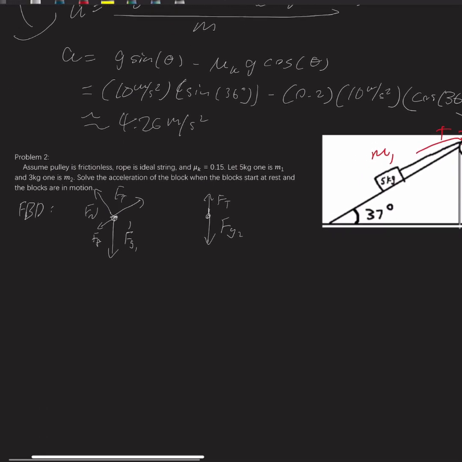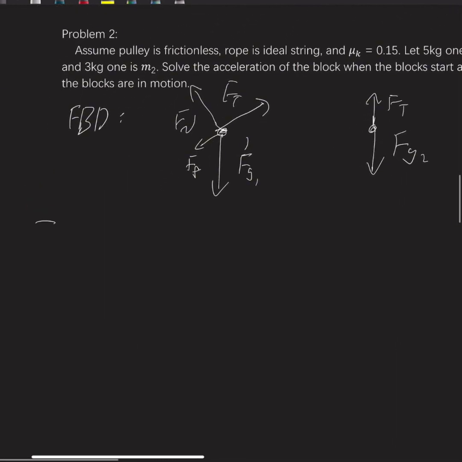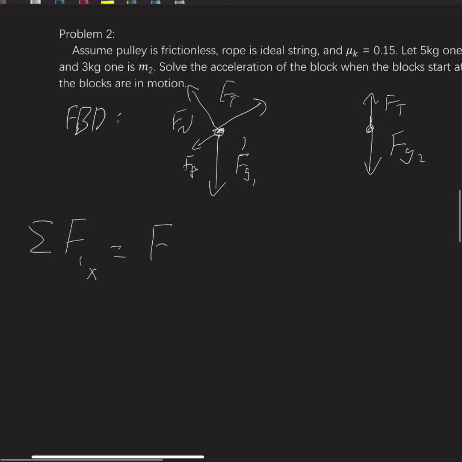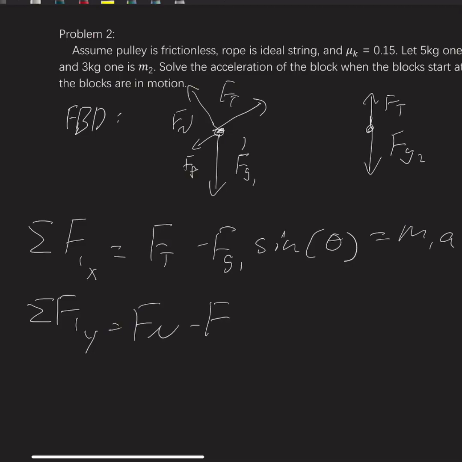Okay, let's sum the forces. The sum of forces of mass 1 in the x direction is equal to force of tension minus force of gravity 1 times sine theta, which is equal to m1a. The sum of forces of mass 1 in the y direction is equal to normal force minus force of gravity 1 cosine theta, which is equal to 0.